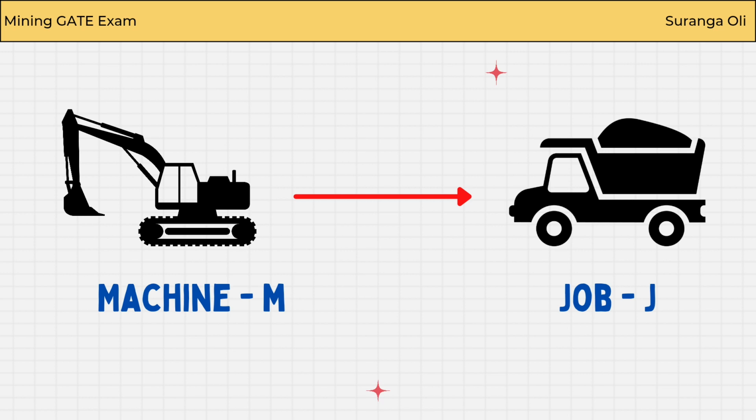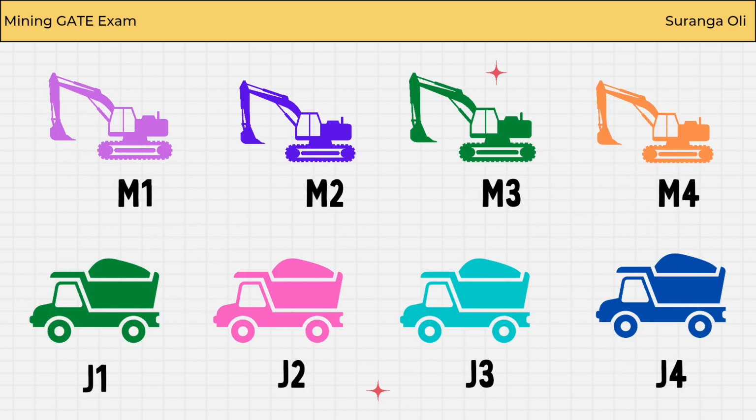That loading operation is considered to be the job of that machine, so that is called job and is abbreviated as J. In relation to the question, let us assume that we have 4 types of excavators, namely M1, M2, M3 and M4, and we have to handle 4 different types of materials into 4 different types of tippers, namely J1, J2, J3 and J4.